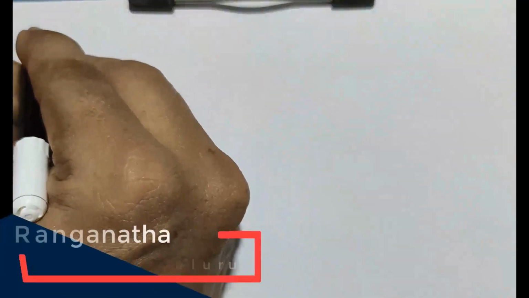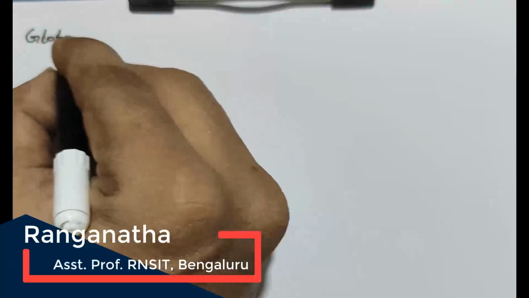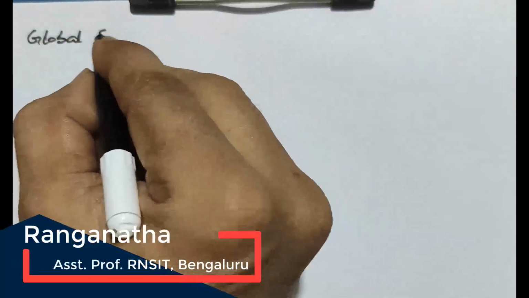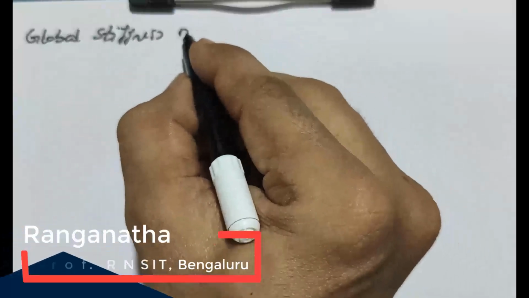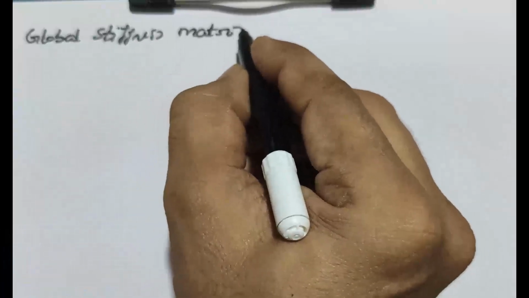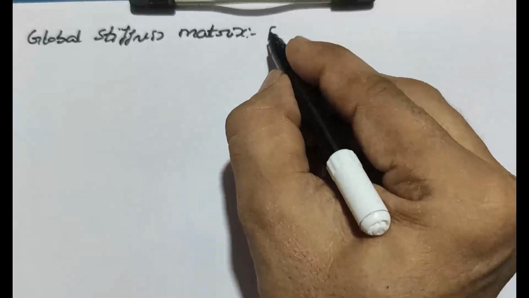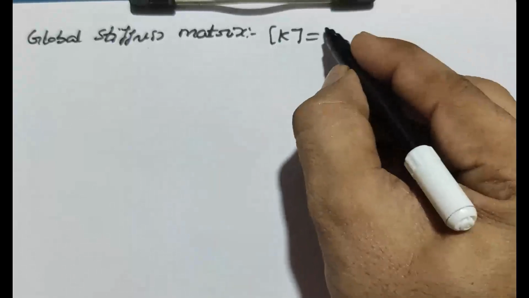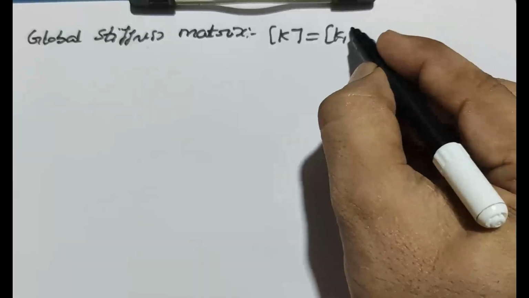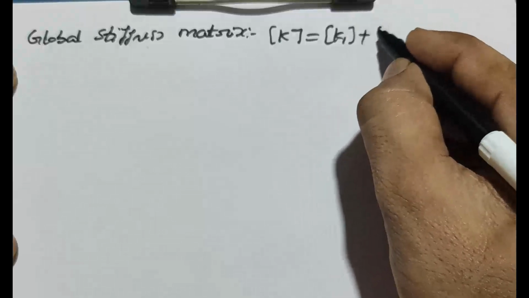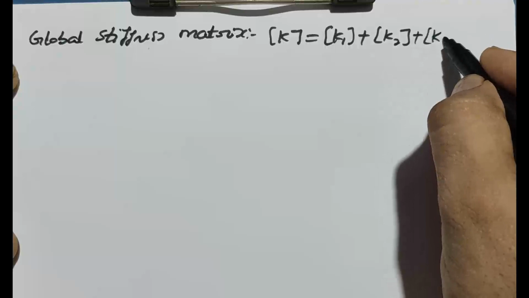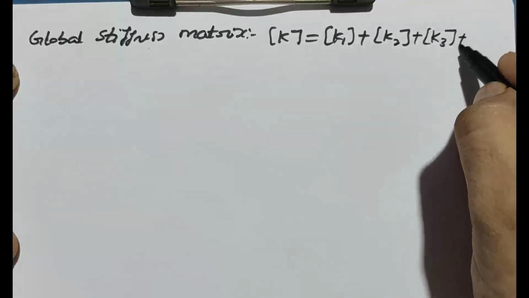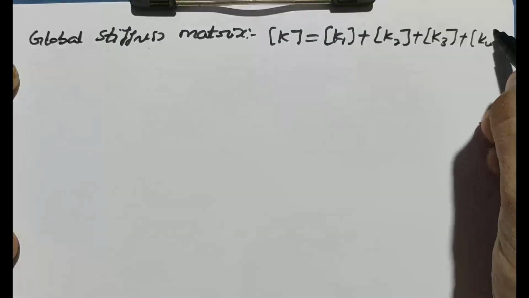Next is global stiffness matrix, that is K is equal to K1 plus K2 plus K3 plus K4.